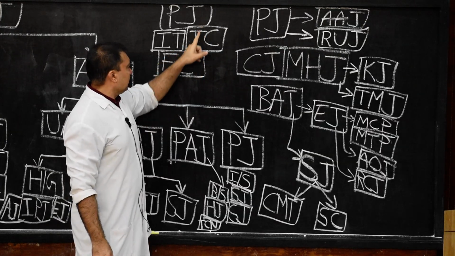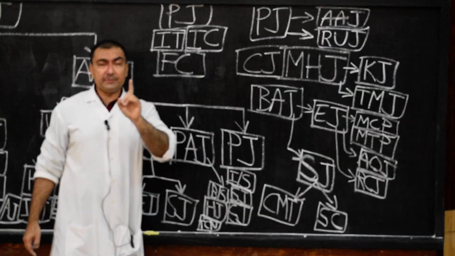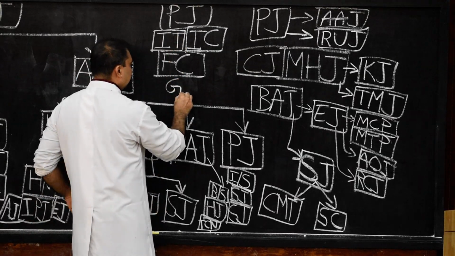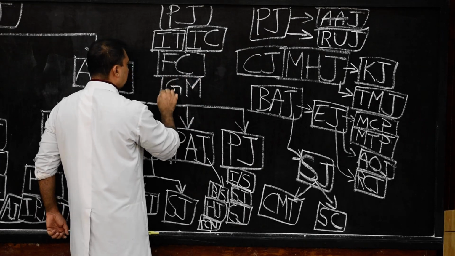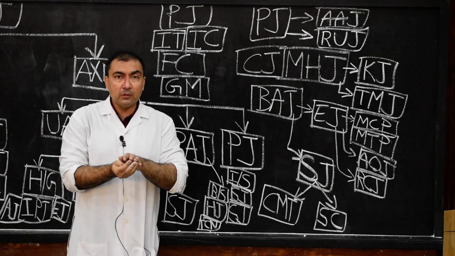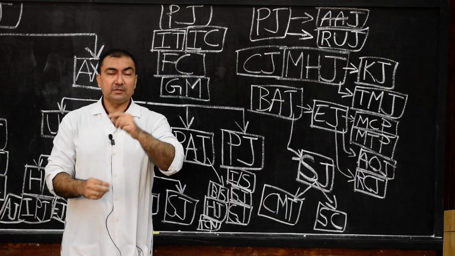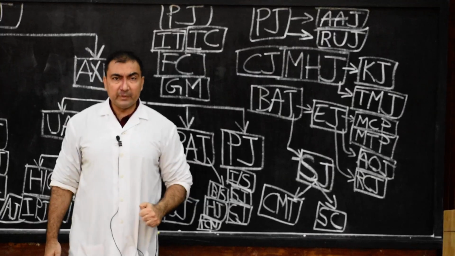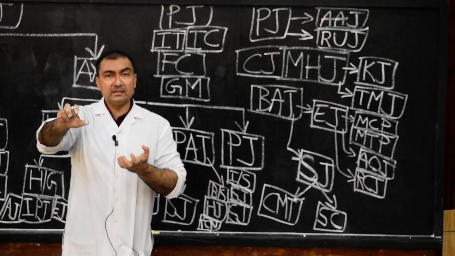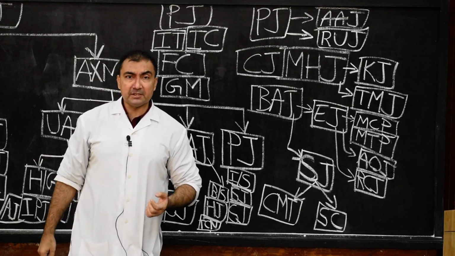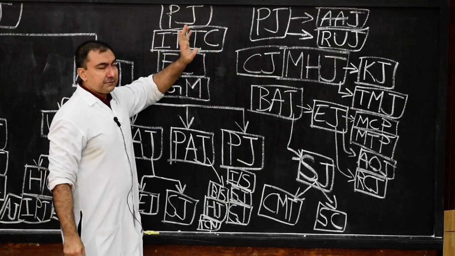Plane joints exhibit gliding type of movements. What are gliding type of movements? When one particular bone moves on the surface of the other bone, that is known as the gliding type of movement, and it is a feature of the plane variety of synovial joint.